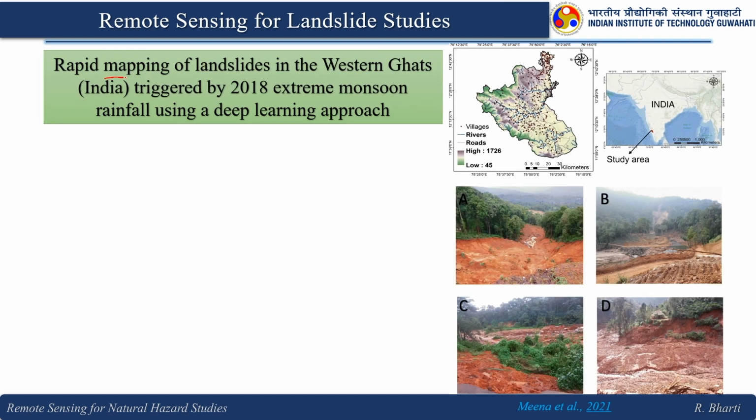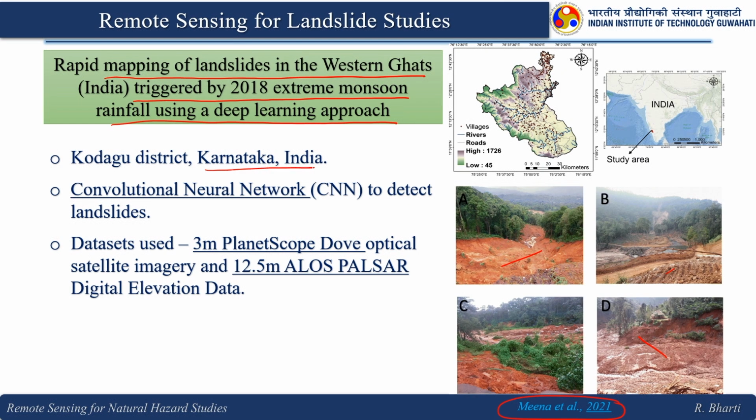Rapid mapping of landslide in the Western Ghats of India triggered by 2018 extreme monsoon rainfall using a deep learning approach. This was done by Meena et al. 2021, and here you can see the study area and the landslide we were talking about. This is from Karnataka, India.